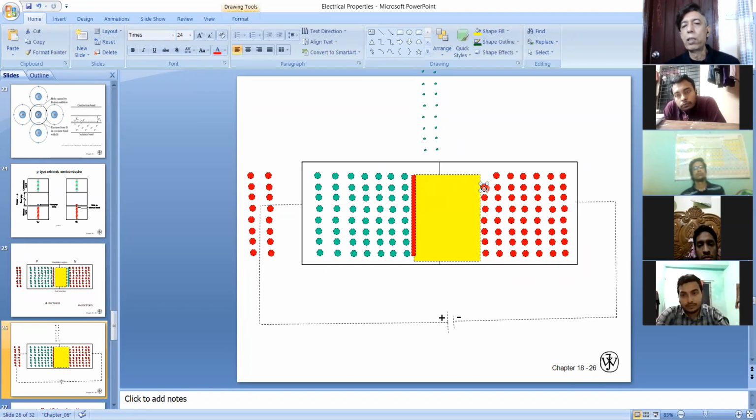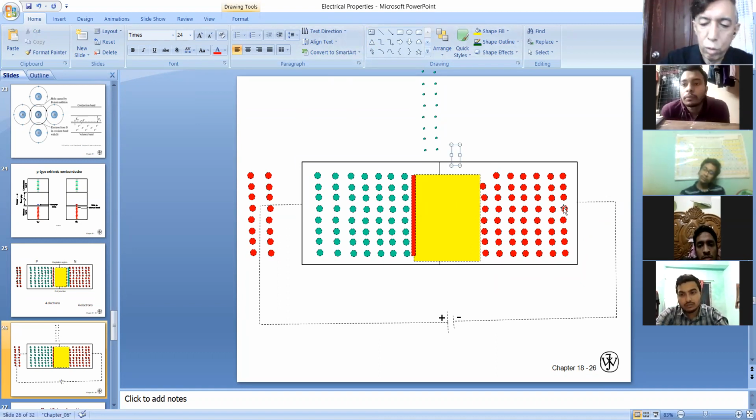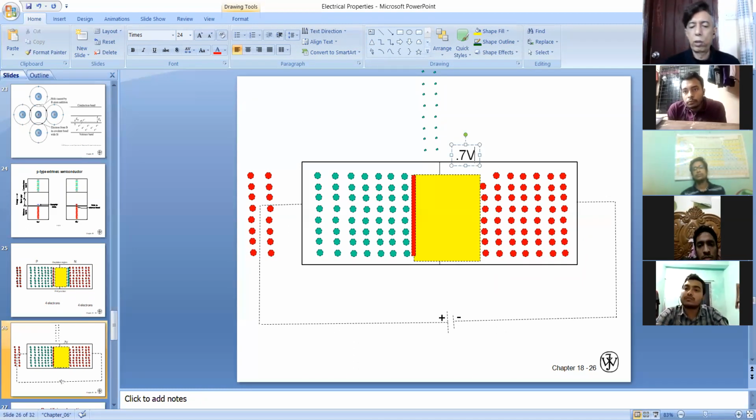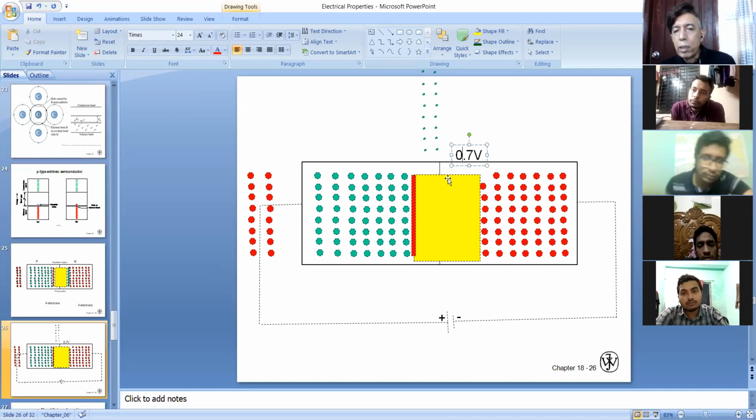Say this potential barrier, if this is silicon, the potential barrier is 0.7 volt. This depletion region, this barrier is 0.7 volt.